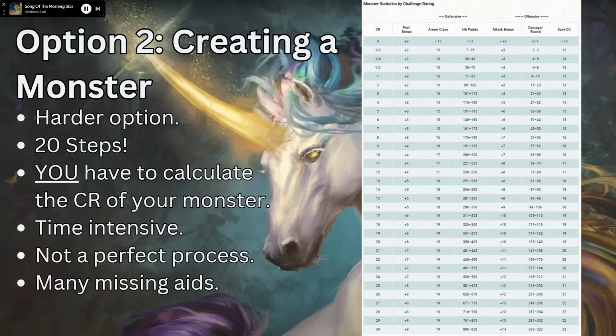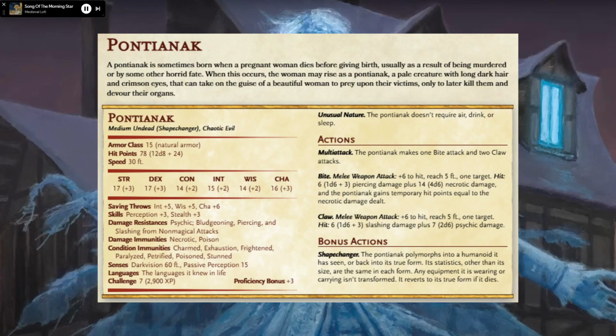simple fashion. And you can use these rules to make a homebrew creature, such as the one that I created here. So the one that I made here particularly is the Pontianak, which is based off of a Native American folklore tale.